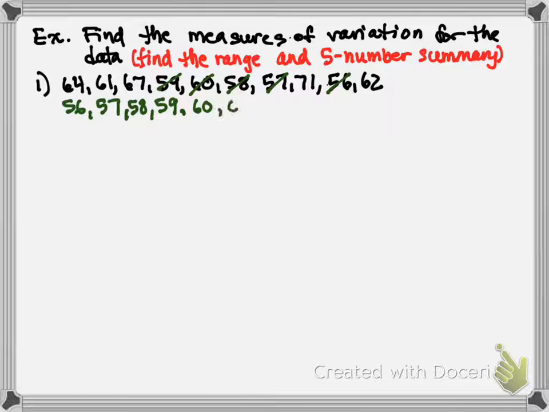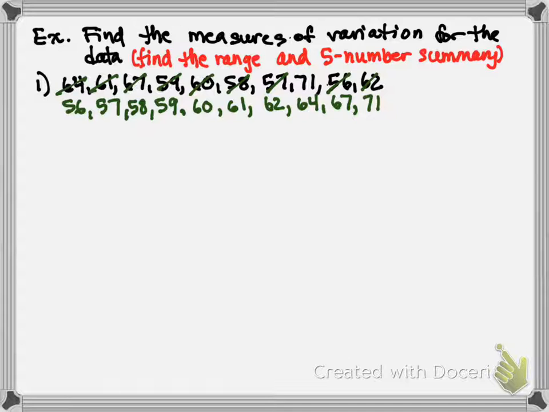Then I see a 61. And then there's a 62. And then there is a 64. A 67. And last but not least, a 71. So when I do this, I'm going one for one, putting them in order from least to greatest.